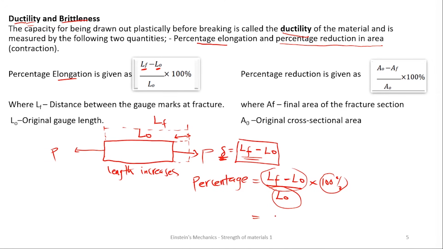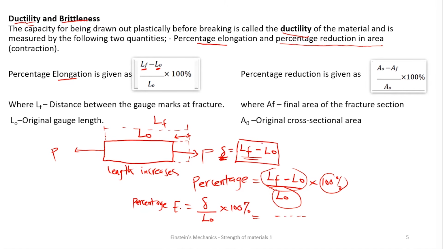So we solve and get an answer for it. We can rewrite this formula as percentage elongation E is equal to the elongation over the original length times 100. And it is going to give us the percentage at which this material was elongated.